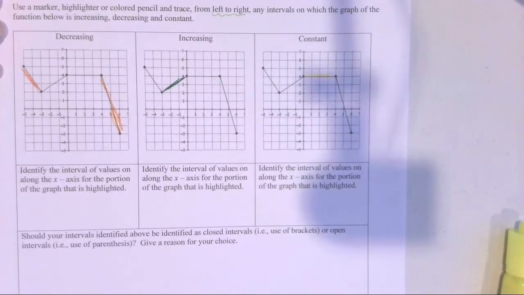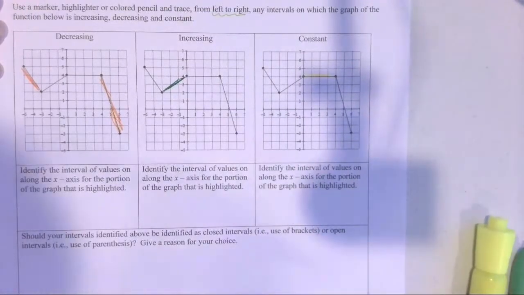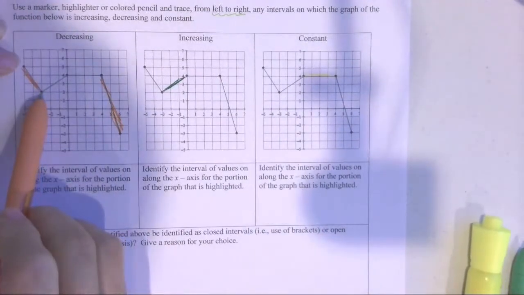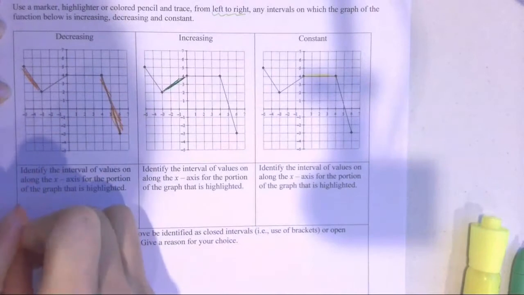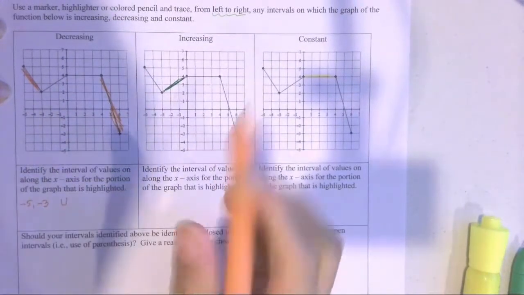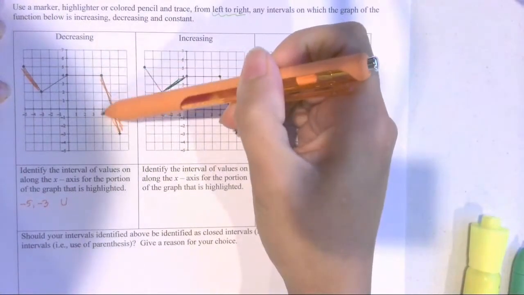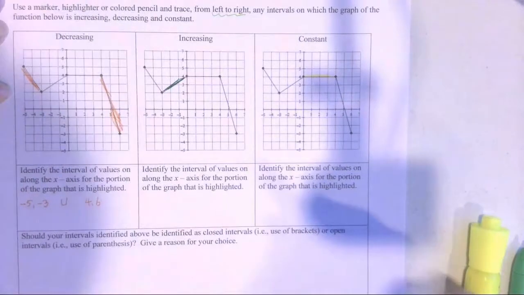Now, we're going to write it in interval notation using those x values. So the first one, decreasing. What x value is it? The y value is decreasing. x starts at -5 to -3. Okay, so -5 to -3, union with the second part, which starts at x value 4 to 6.